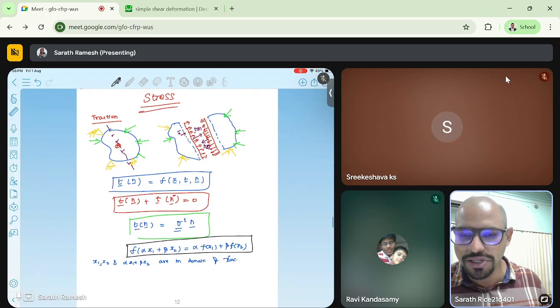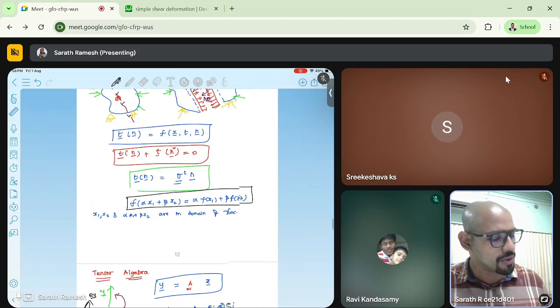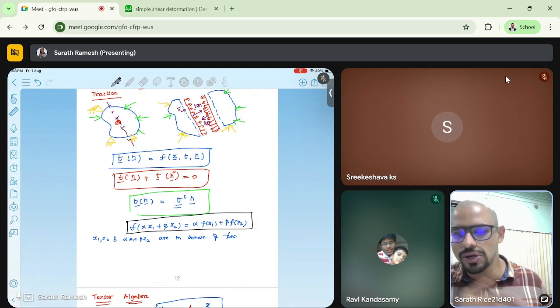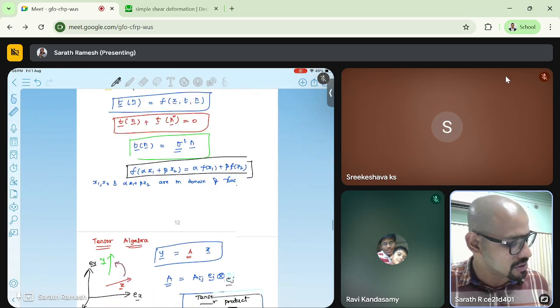Here we saw traction is nothing but the distribution of force over a cut surface. It depends on three things: number one, the normal; number two, the position vector; number three, the time. The important property of traction is T(n) plus T(n') is equal to 0, where n' is the opposite normal, the plane with the opposite normal.